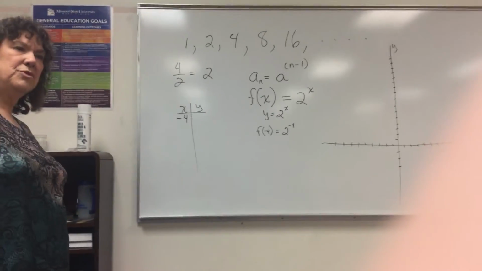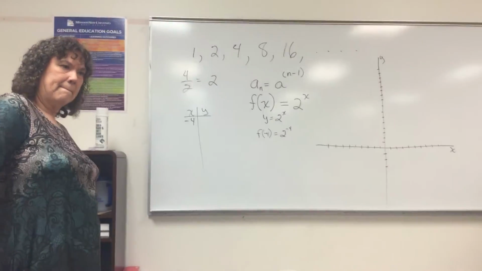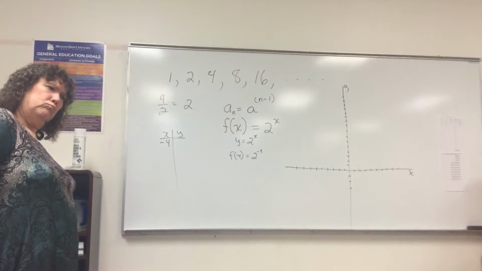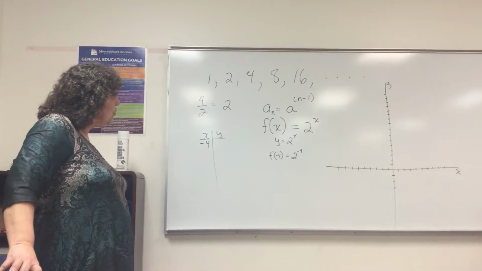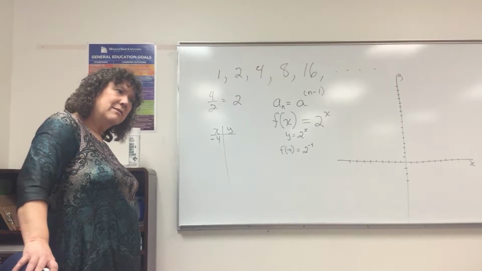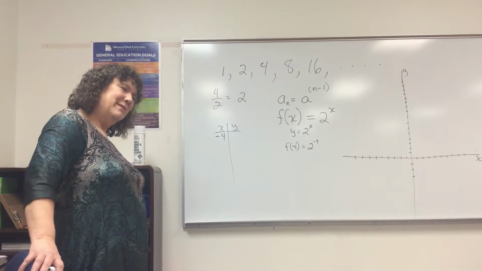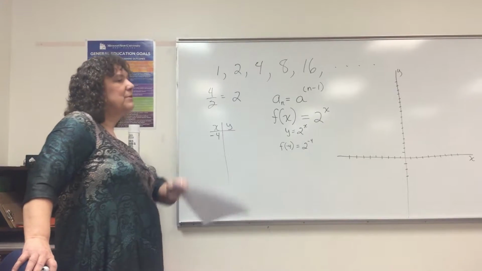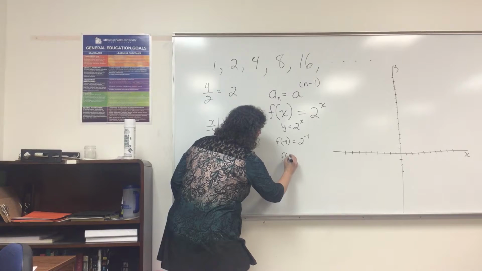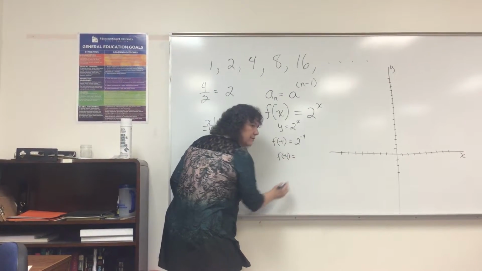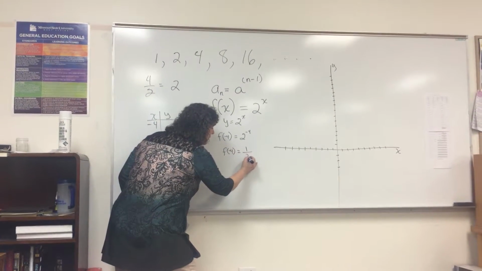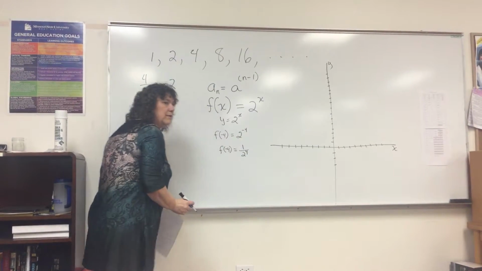What does that do to your base? Well, since it's an even, you're still going to have a positive. Does a negative exponent actually change the sign of your base? No, it doesn't. What does it do? You flip it over. It's the reciprocal, you're right. So we're going to flip this over. So f of -4 is equal to what? 1 over 2 to the 4th power, which is what?